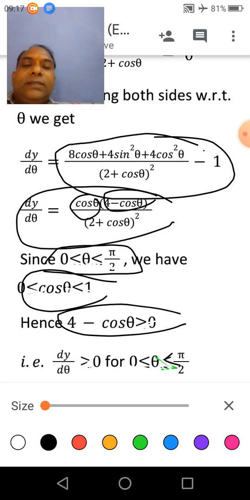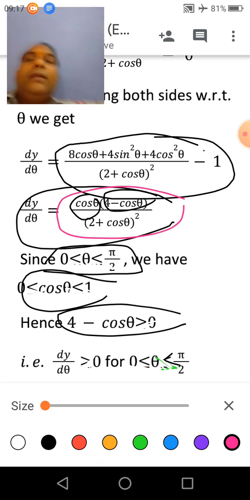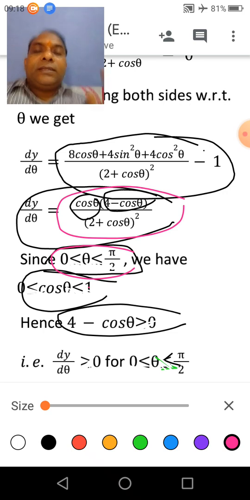Clear, students? See again. dy by d theta is cos theta into 4 minus cos theta upon 2 plus cos theta whole square. When theta is lying between 0 to pi by 2, theta is lying in the first quadrant, then cos theta will be lying between 0 to 1.